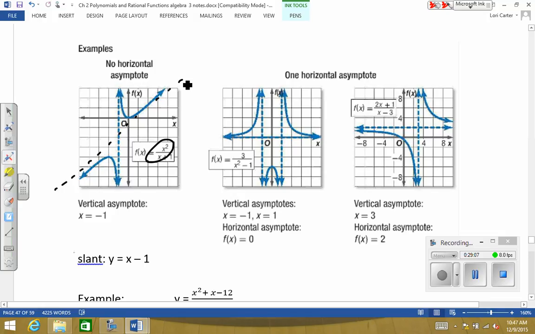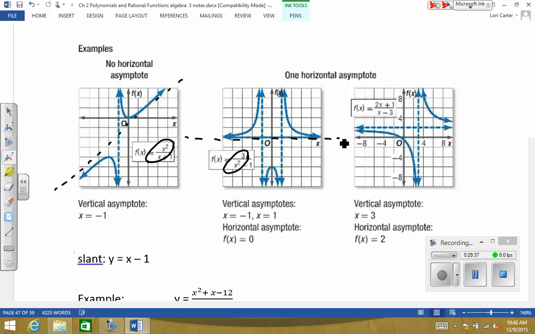Next one, we have 3 over x squared. The x is in the denominator, so it is 0. This horizontal is 0. It's right there. So, x in the numerator, there's work to do you don't know yet. X in the denominator, 0.